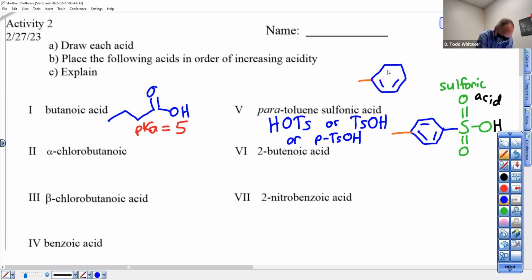By itself, it's a common solvent. Nice solvent. It's less dangerous than benzene, less carcinogenic. So we don't use benzene much anymore. We used to use it all the time.